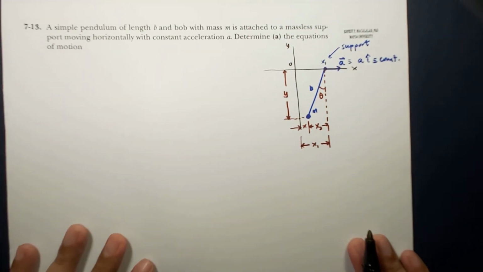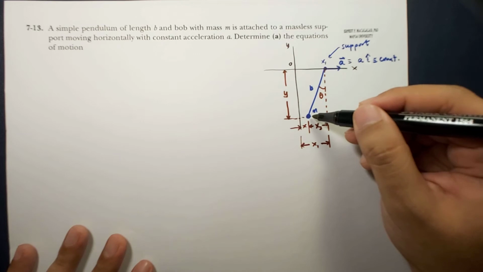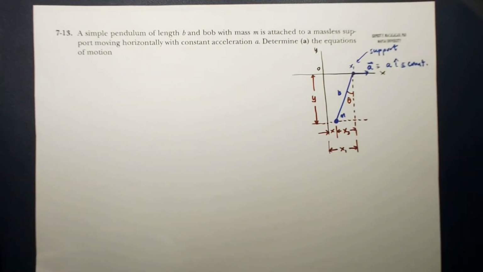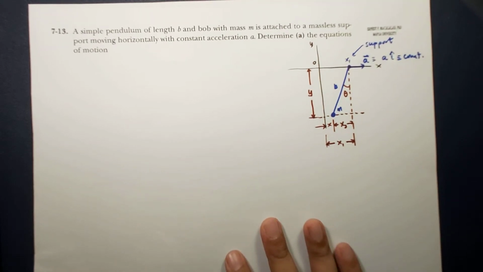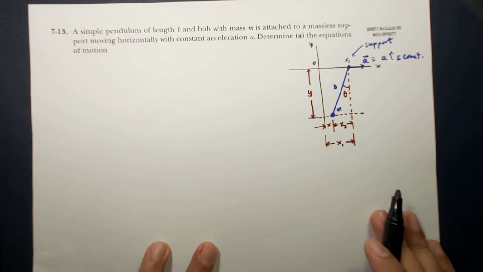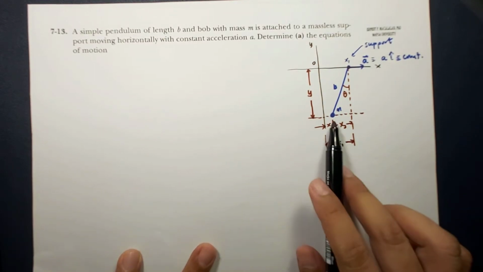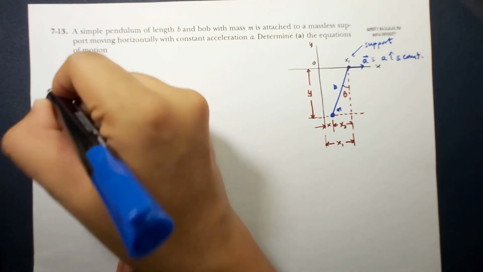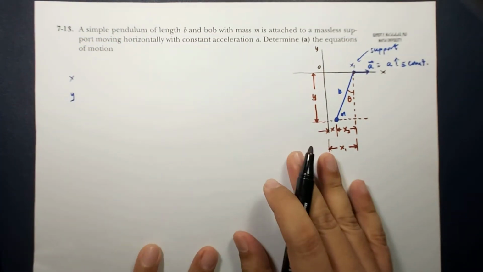So this is our setup. From here we can define the coordinates of the bob as x and y.